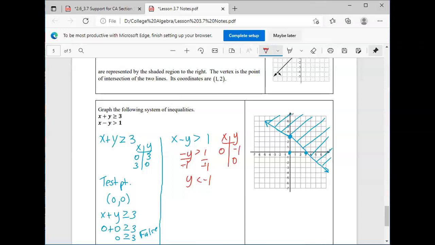If y is 0, then this whole thing goes away and x is just 1. You can solve for y and plug it in the calculator to get your points. That's fine if you want to do that. So 0, -1 is going to be down here. 1, 0 is going to be right here. I am going to make a dashed or dotted line on this one because it does not have the equal to part.